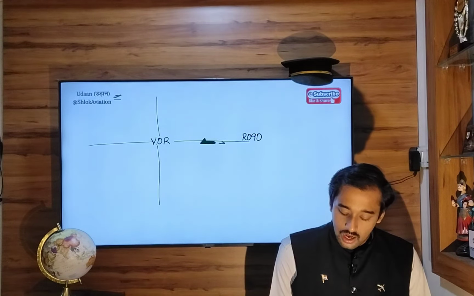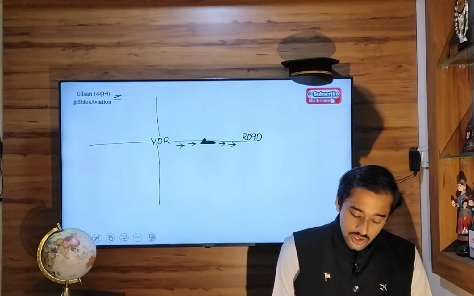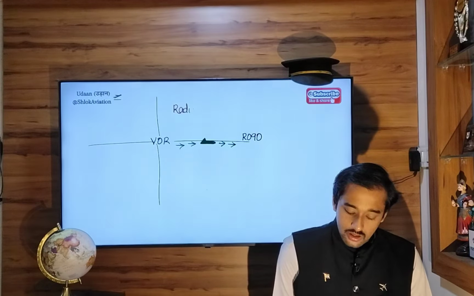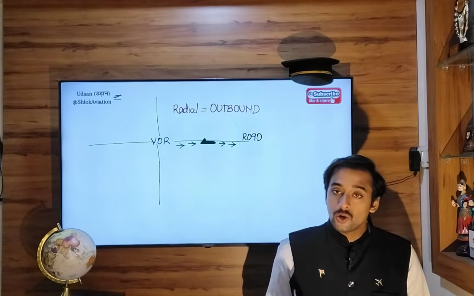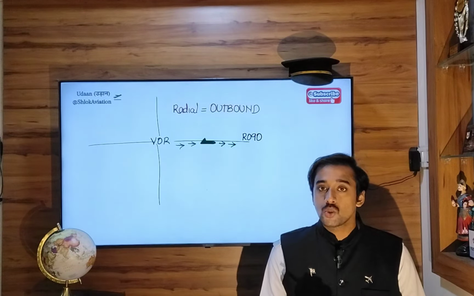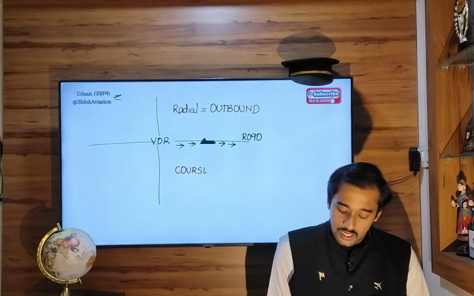Whenever you talk about radials, radials mean outbound. The job of a radial is to take you outbound. If you want to fly inbound, that is towards the VOR, we call it course.